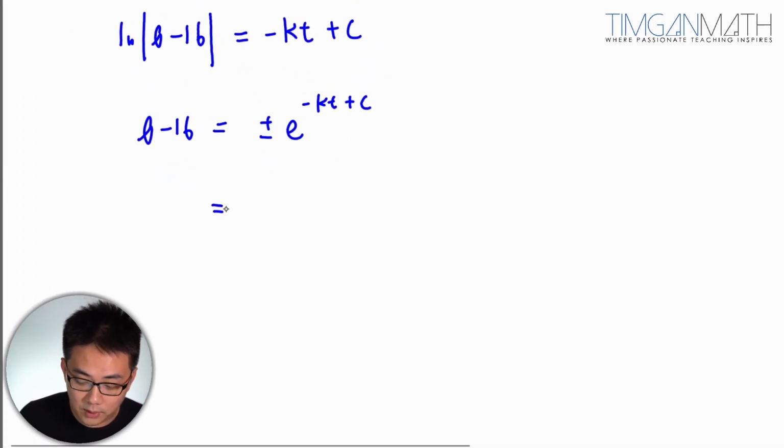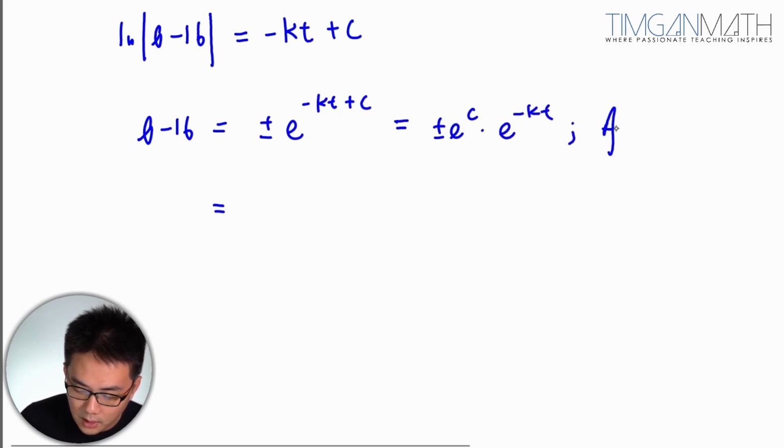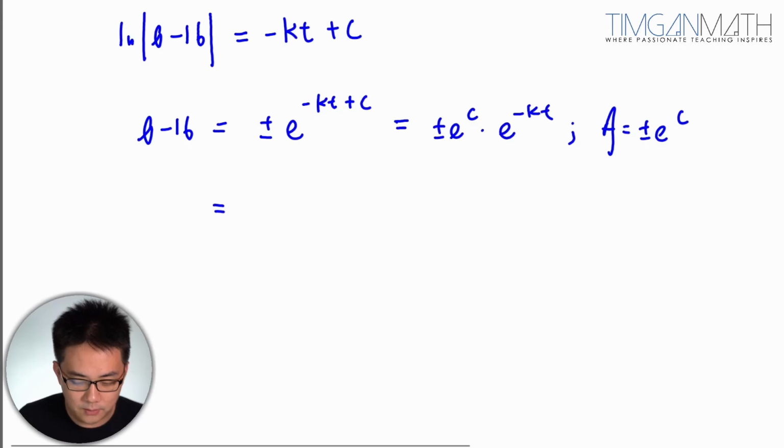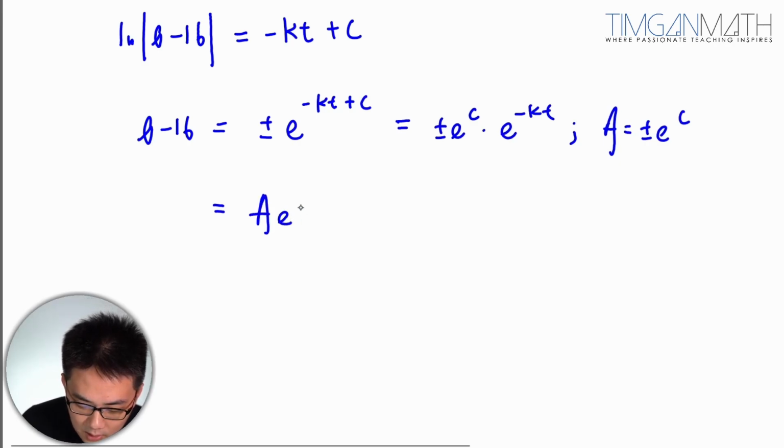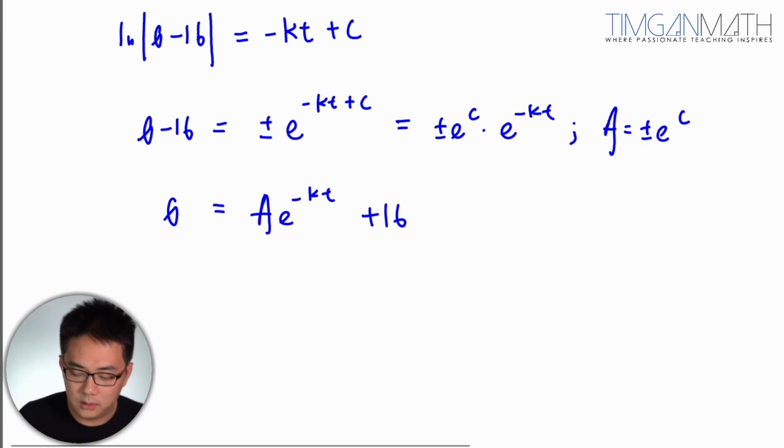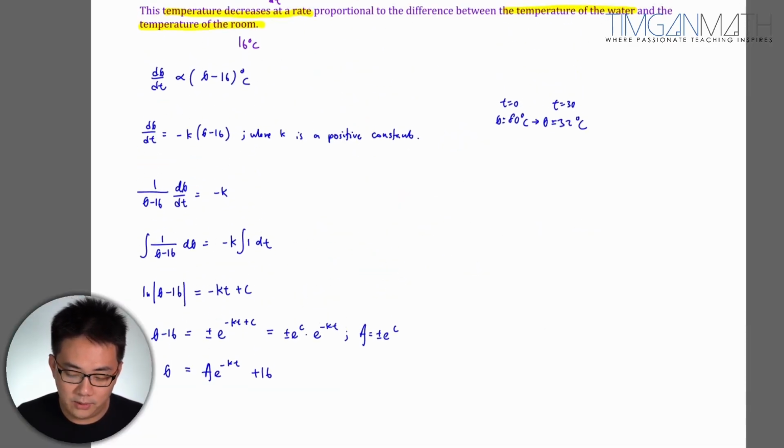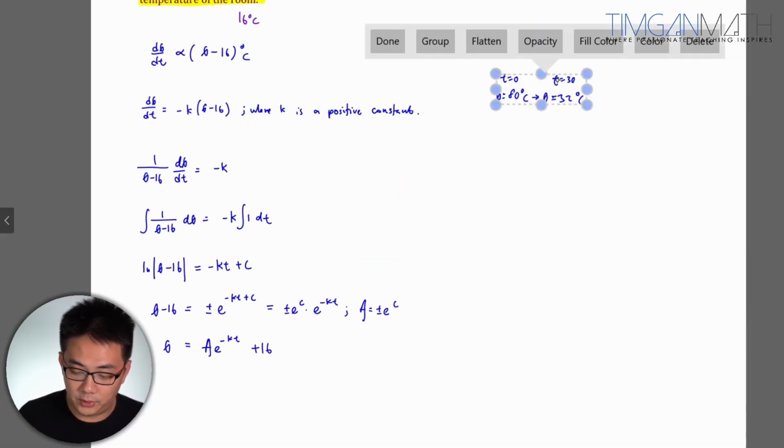So in this case, what we're going to get is plus minus e to the c, dot with e to the minus kt. A would just be plus minus e to the c. There you go. So theta will be A e to the minus kt plus 16. Alright, so I just leave it there. Then I'm just going to bring in my boundary condition here.